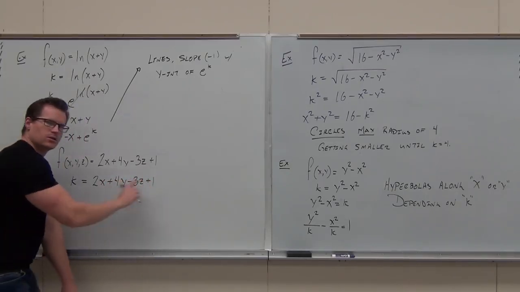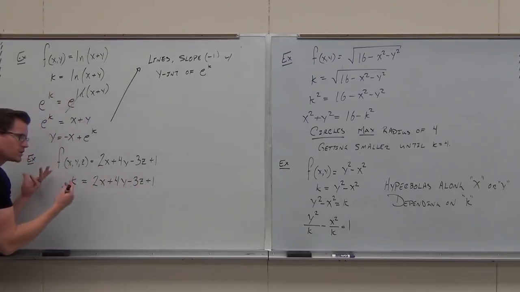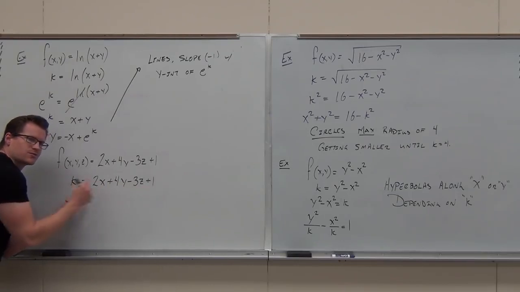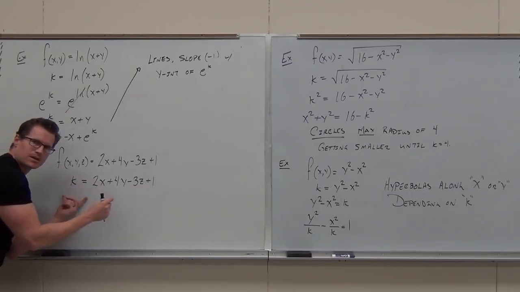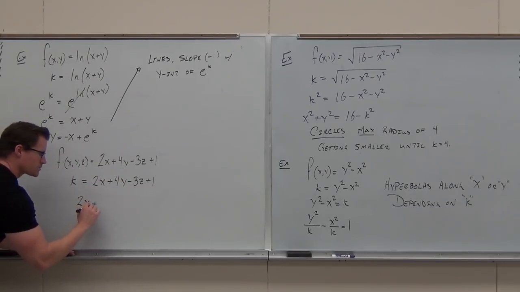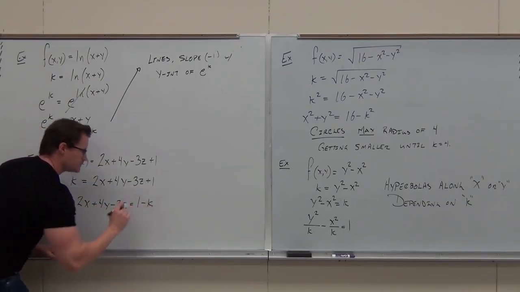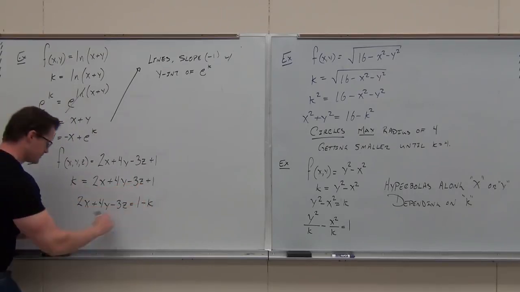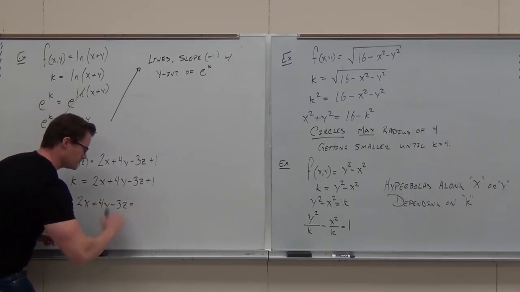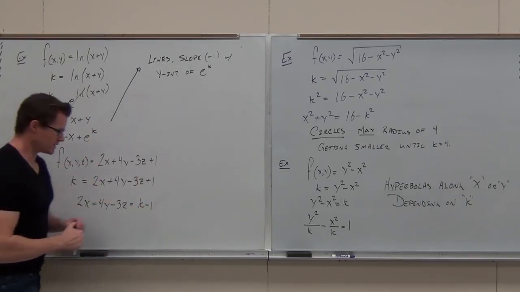Group it so that it looks like something you're used to. All your variables, get those on one side. Get your constants, verify k is a constant, yes, no? Get your constants together. So if I do that, I'll have 2x plus 4y minus 3z equals 1 minus k. Sorry, k minus 1. So subtract the 1 and you got it.